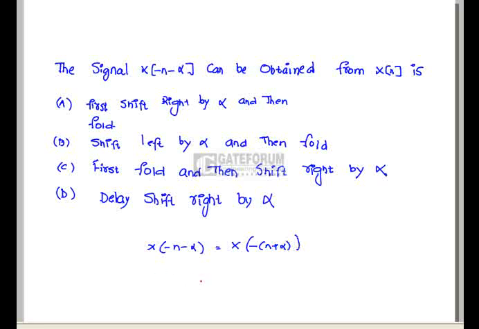So x of n plus alpha is obtained by shifting x of n left by alpha and then folding the x of n plus alpha signal, then we will get x of minus n minus alpha. So first shift left by alpha, then fold it, then we will get option B as the correct answer.